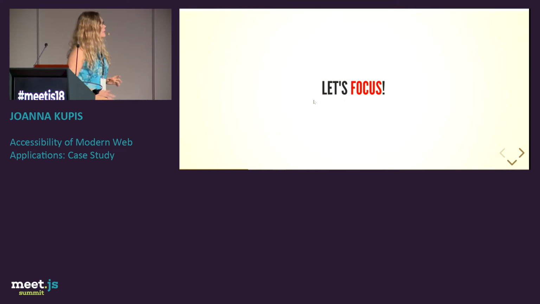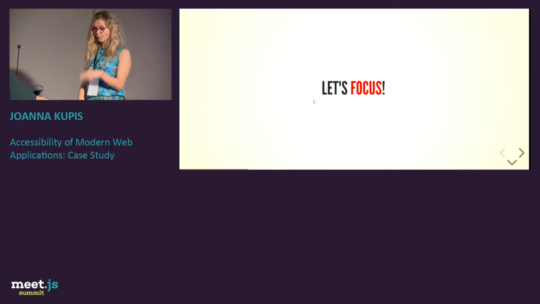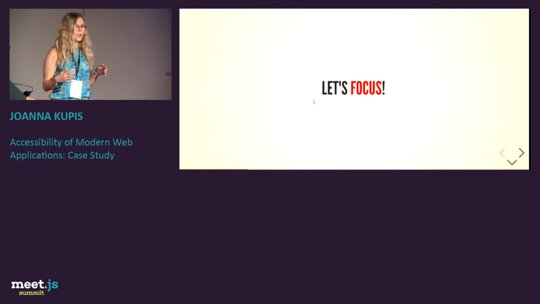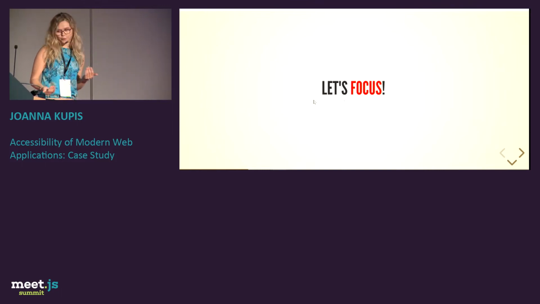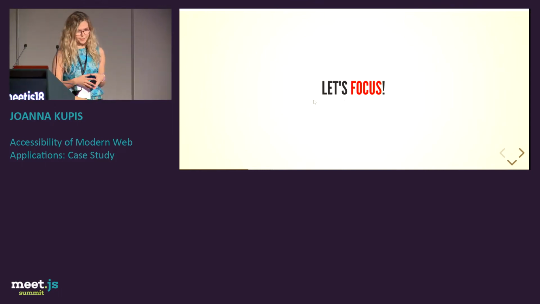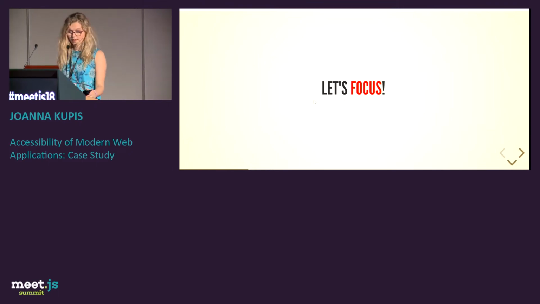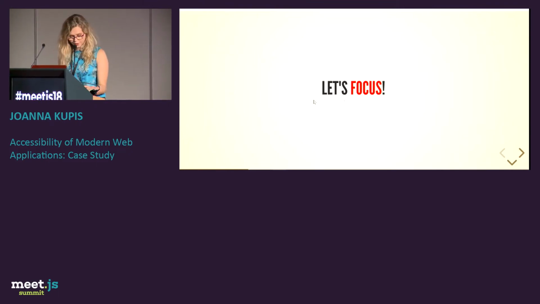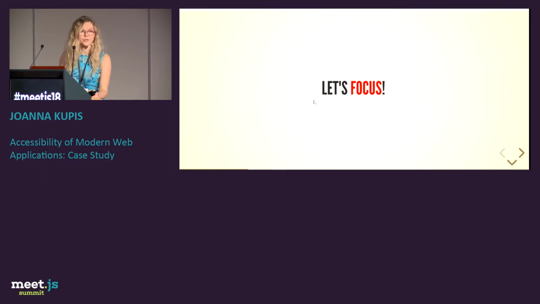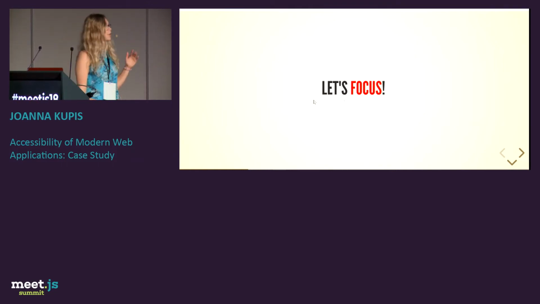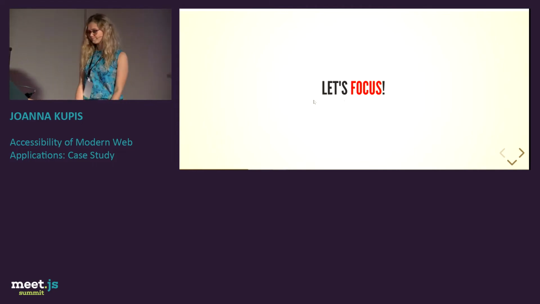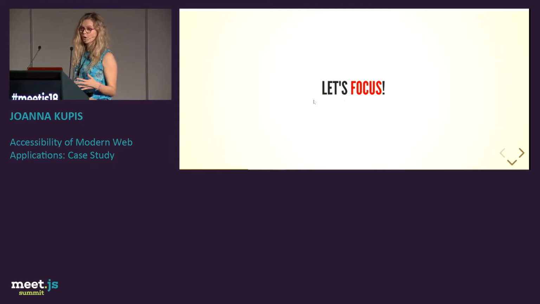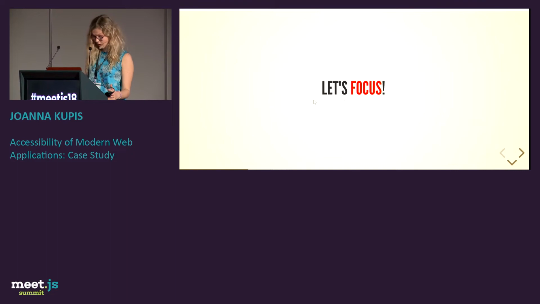So I will start with the focus, because while going through pages, we can often spot that there is something wrong with the keyboard events on the web page. For example, on many very popular web pages, you can tab through the page and the focus is jumping all over, and you have no control over where on the web page you are.